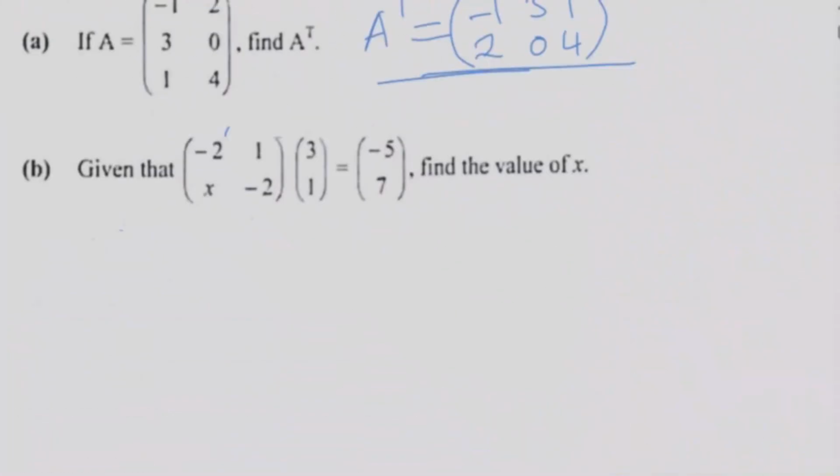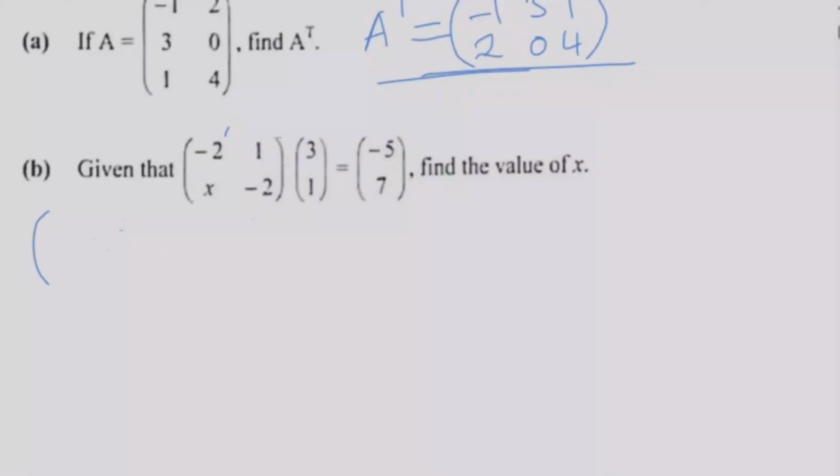We come to question 8b, which is as follows. Given that the matrix 2, negative 2, 1, x, negative 2, multiplied by 3, 1 is equal to negative 7, negative 5, 7, find the value of x. So I'm going to multiply as usual, as we multiply matrices.